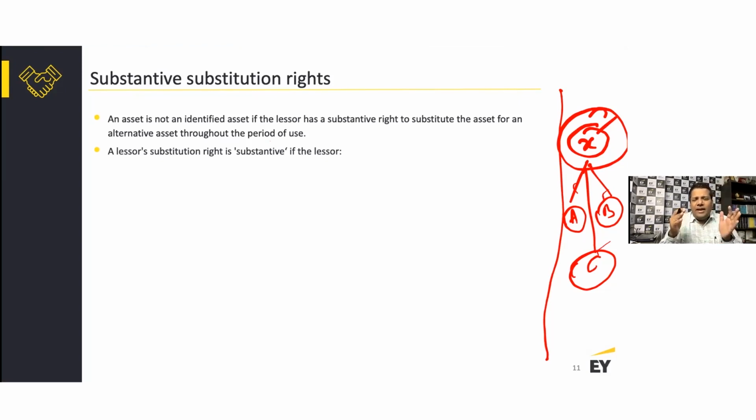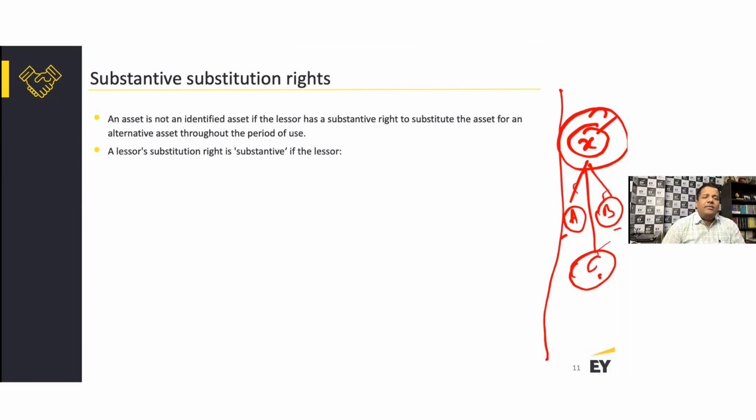So an asset is not an identified asset if the lessor has a substantive right to substitute the asset for an alternative, here A, B, C, throughout the period of use. So if I have alternatives available which I can supply. Remember in the previous case, there was no alternative, because that's the only asset I had, right?